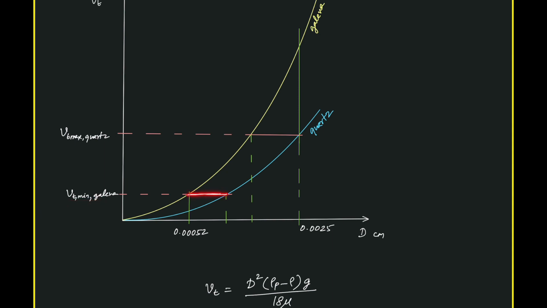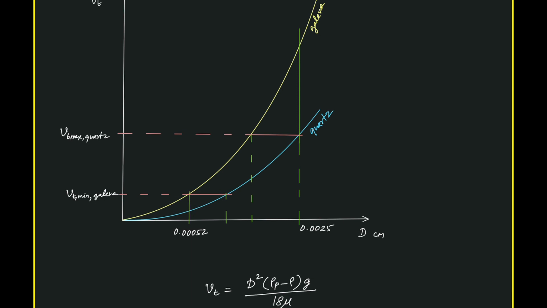Now only quartz alone will be remaining in the fluid. Quartz of size range from 0.00052 to this dimension will remain, and all the other portion would be simply settling. So by operating at the first velocity we separate pure galena, and by operating at this velocity, we will get pure quartz.